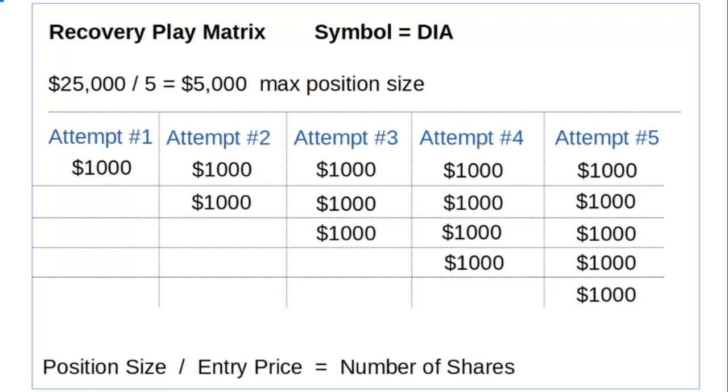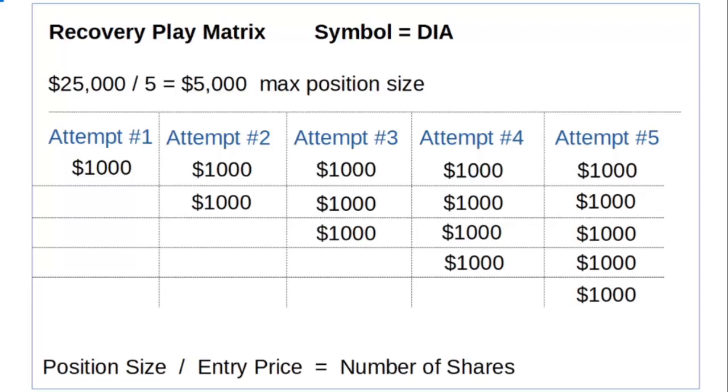Averaging up is great, but it's a little bit tricky, because if you do it wrong, you just drag the average share price right up to where the price is trading, and you can go into a loss then, right? So you don't want to do that. What I recommend is, let's say attempt number 1 starts to work, and you're already at break even on your position.